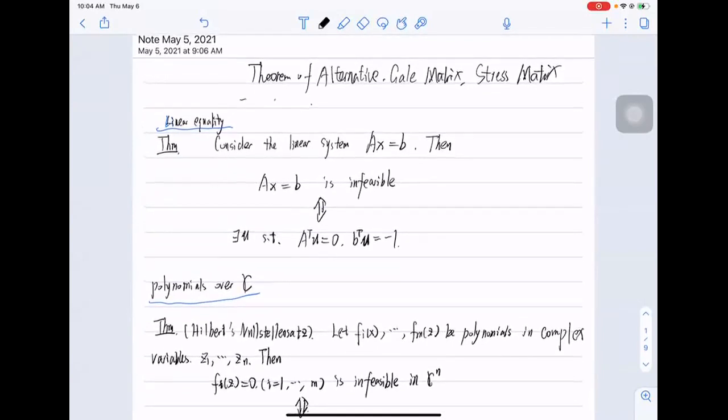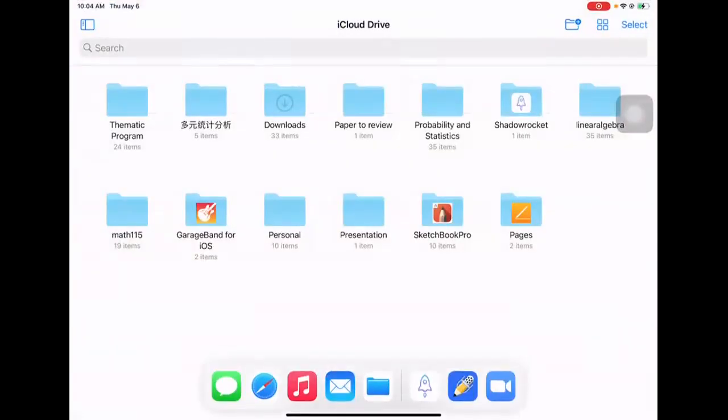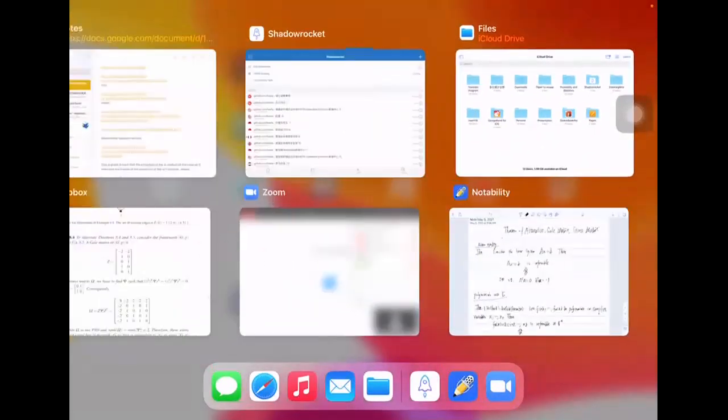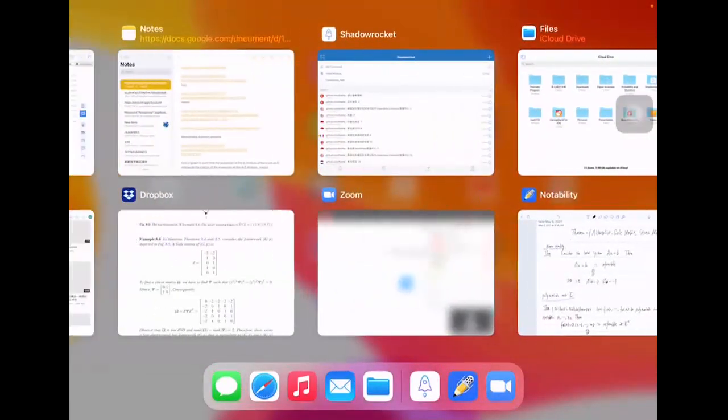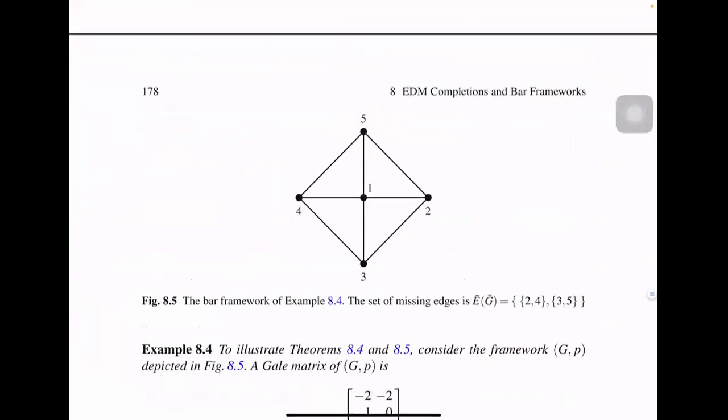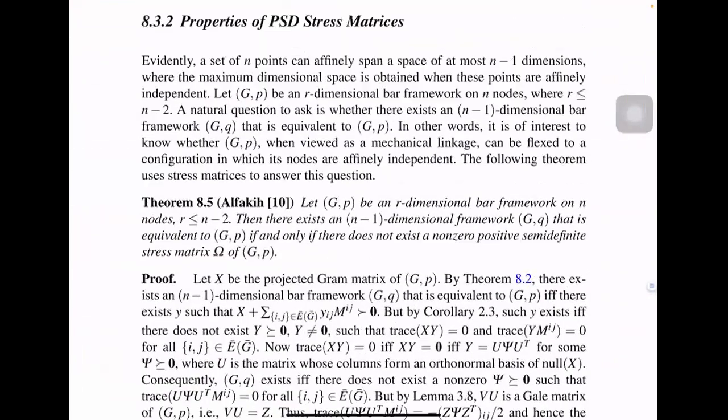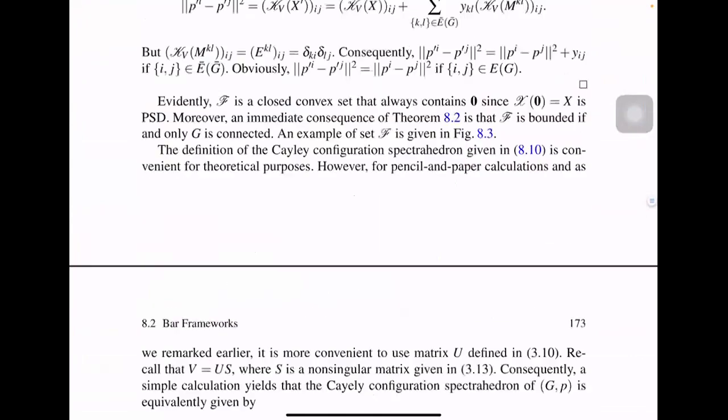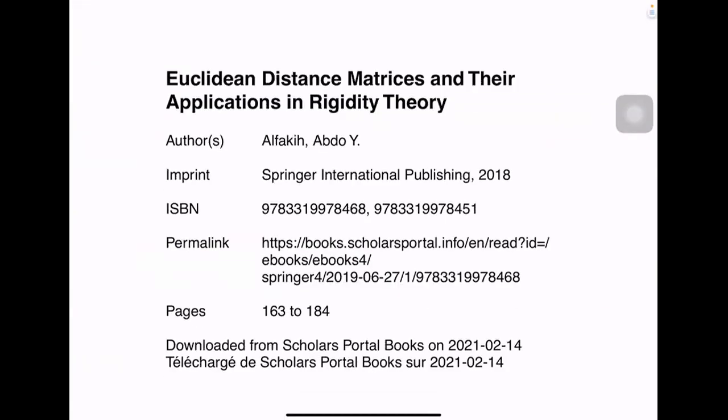So I'm basically following the book of Abdo Alfakih. So what's the book? Let me show the book. This is the book: Euclidean Distance Matrices and Their Applications in Rigidity Theory.